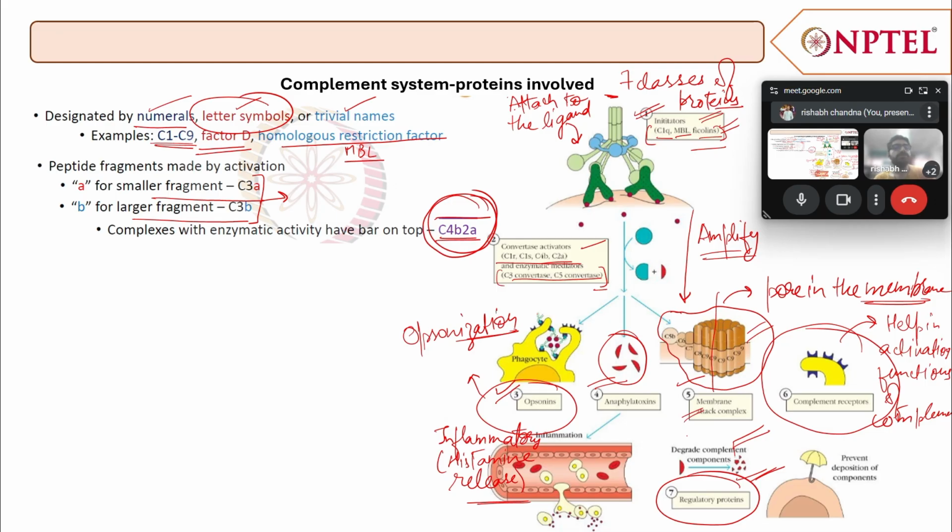The total number of proteins are divided into C1 to C9, but those are divided into seven different classes, as they have different functions. For example, in the second class, the convertase activators and enzymatic mediators, there are C1R, C1S, C4B. All of these proteins will be divided into the seven different classes. Okay, sir.